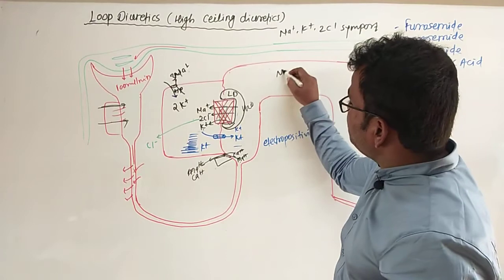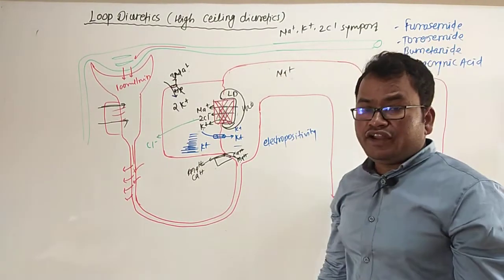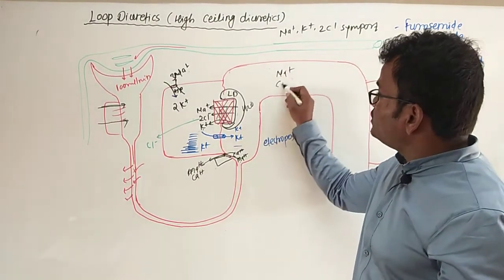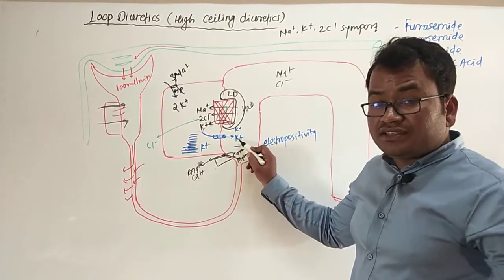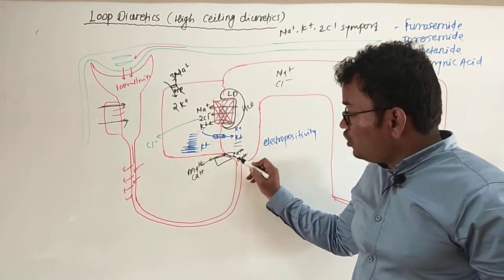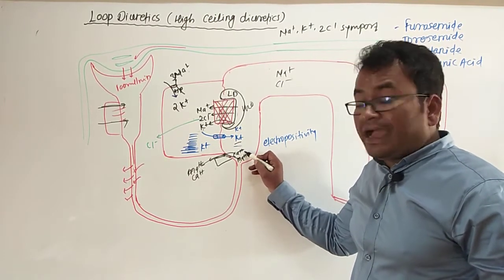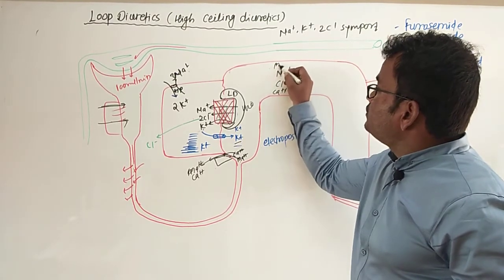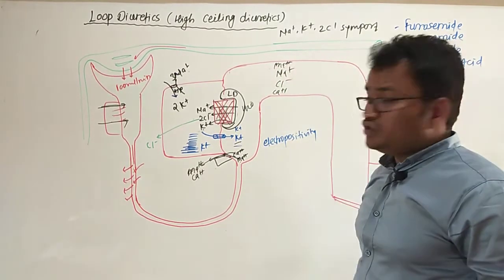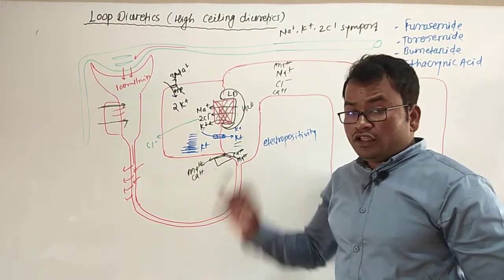Hence sodium is present in the next part. Chloride is also present. Similarly, electropositivity is not developed here, so the divalent cations are also present in the next part. Okay, so this is the effect of the loop diuretics.